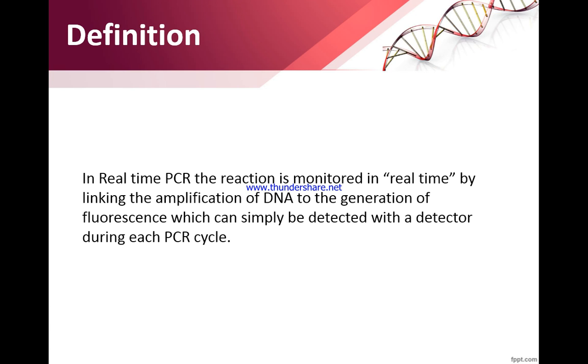If our DNA is amplified or is going to be amplified, we will see it on the screen, so we can monitor our DNA amplification in real time. So that's why it is called real-time PCR.